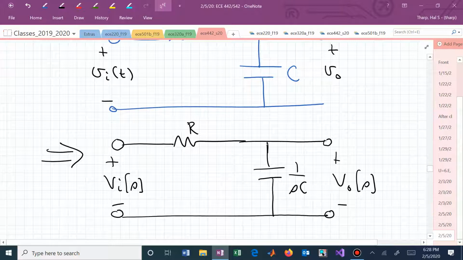So you write this down and you go, what's the impedance of my resistor? That's R. What's my impedance of a capacitor? You'll have to remember that. That's 1 over SC. What's the impedance of an inductor? SL. You don't need it here, but you might in the next question that the interviewer asks.